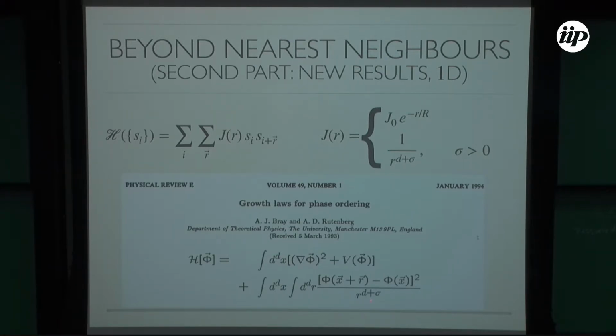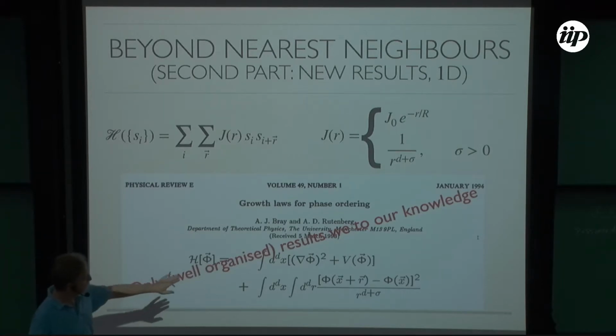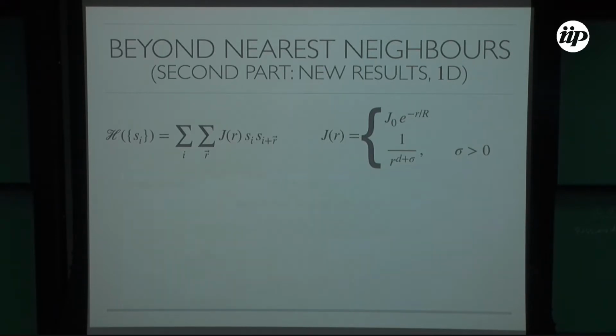The only well-organized paper is this one by Alambrey and Rutenberg. However, they use a continuum approach, as you can see here, and they only consider asymptotic stages, whereas I will show you that pre-asymptotically there is a lot of physics going on.